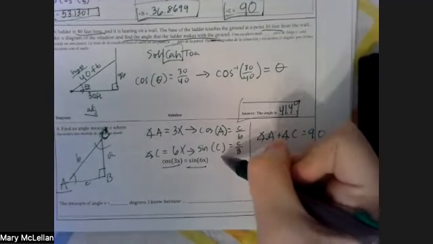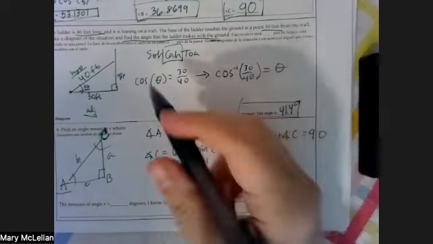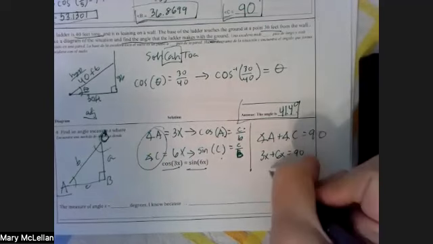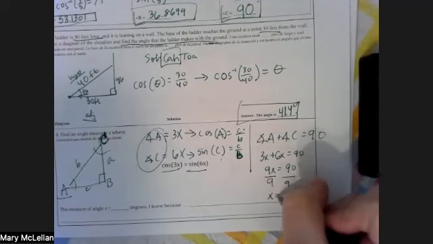So if cosine A and sine C are equal, and they are, it's C/B for both of them, then the angles must be complementary, meaning they add to 90 degrees. So I've got cosine of 3x equals sine of 6x. That tells me that 3x plus 6x is equal to 90. So 9x equals 90. Divide both sides by 9, and you get x is 10.